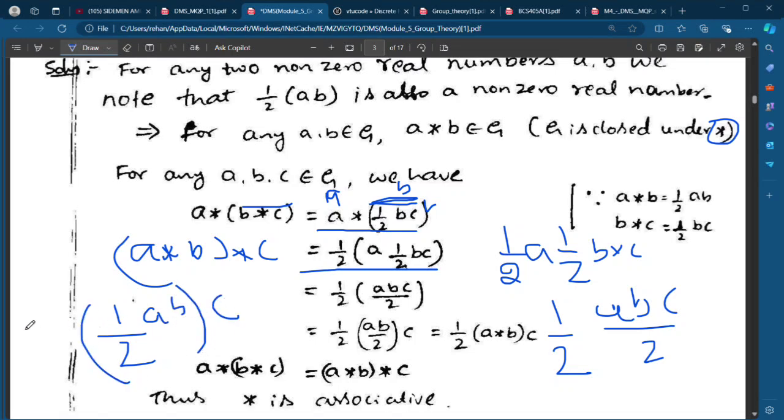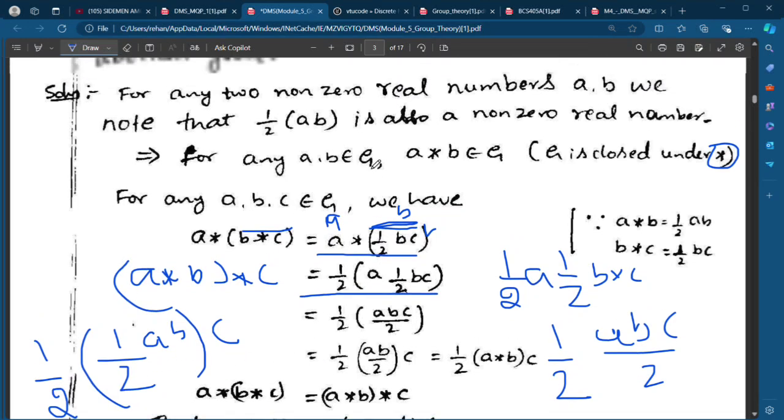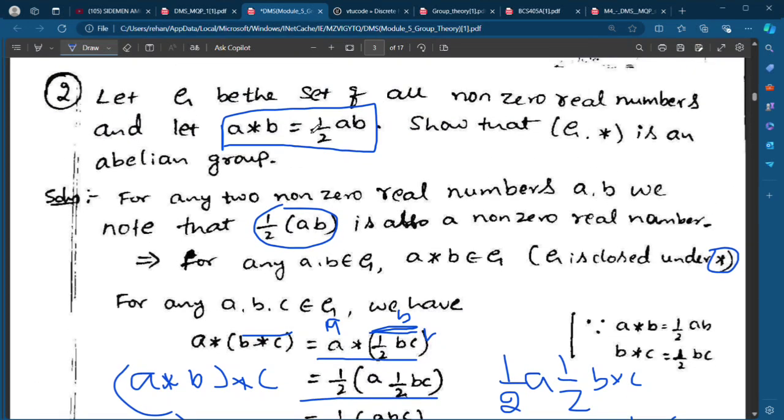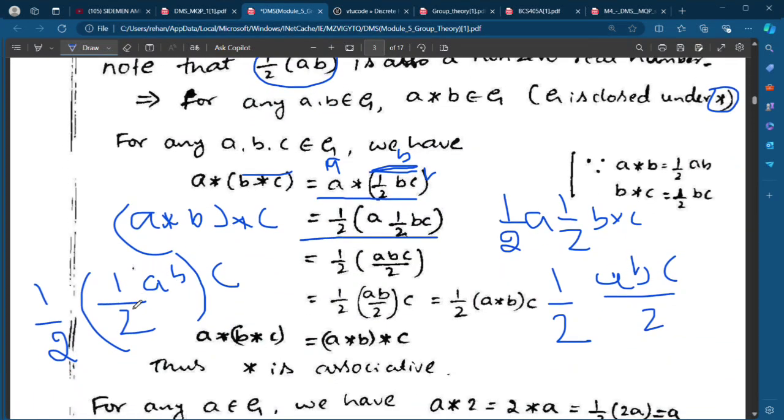I'll group it like this, into C, then again this half as it is. Now you can see this is equivalent to the right hand side of the given formula, right? Half into AB I can write as A star B. That's what this has become, this simple.